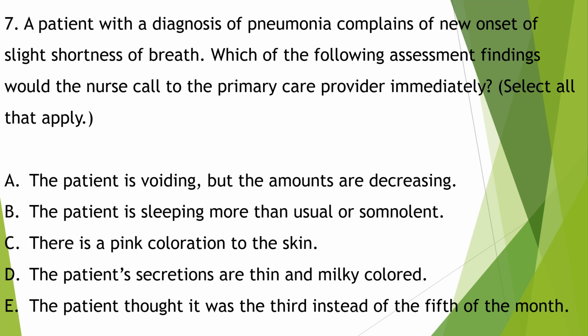So here the patient is sleeping more than usual or somnolent. It is going to be an unconscious stage or decreased level of consciousness, and also the color of the skin getting pink indicates the patient's condition is deteriorating.